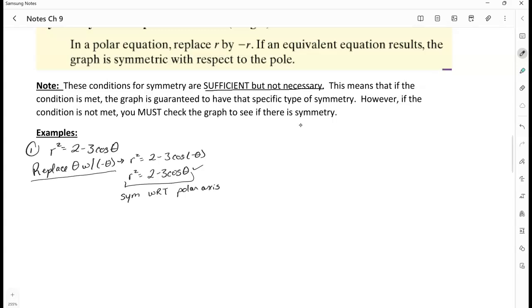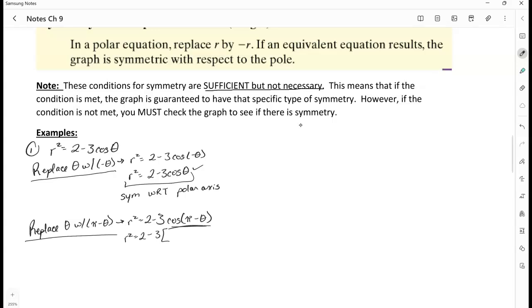So let's check the second type of symmetry. We're going to check symmetry with respect to the line theta equals pi over 2, which is the y-axis. So I'm going to have r squared equals 2 minus 3 cosine of pi minus theta. Now, work with that right-hand side.